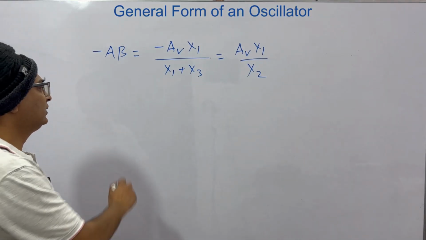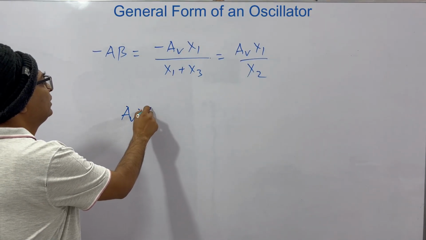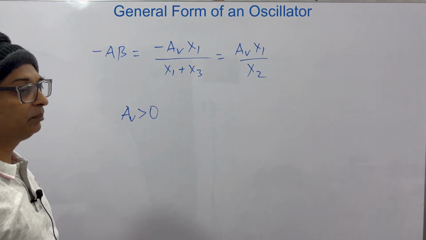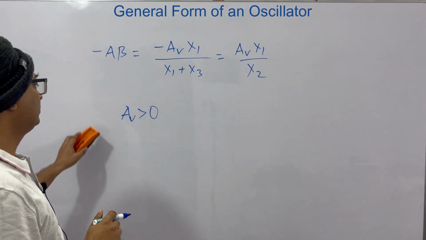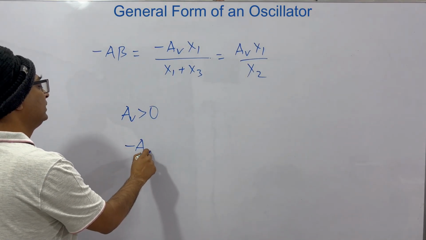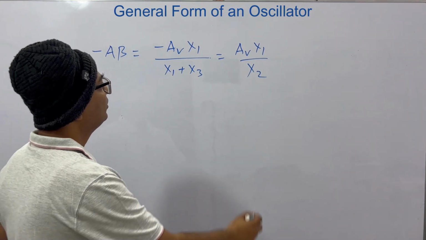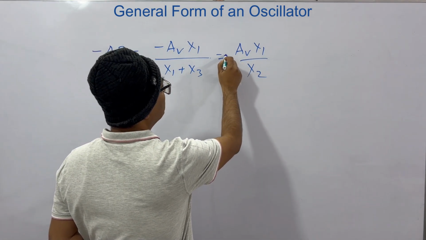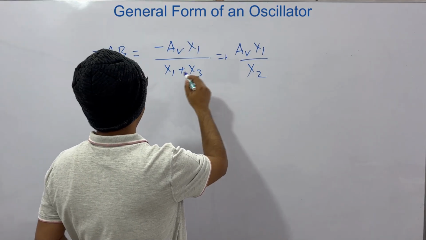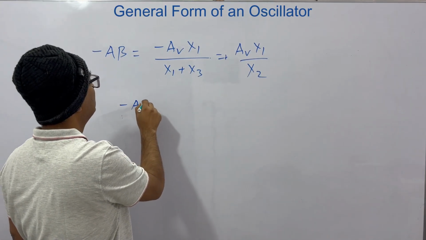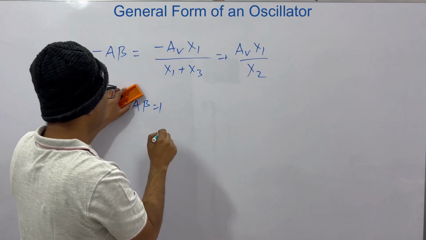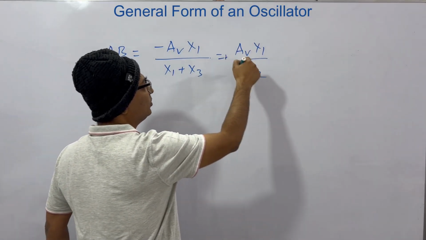Now AV is always greater than 0. By negative voltage gain, we meant minus AV, but this AV, the magnitude, is always greater than 0. If this quantity has to be positive, because we need minus A beta equal to 1, so for minus A beta equal to 1, this has to be positive.